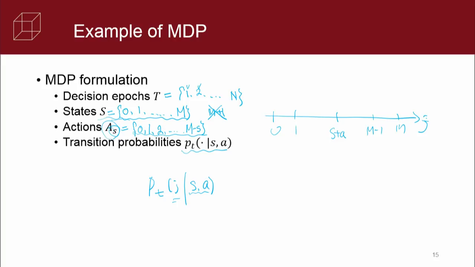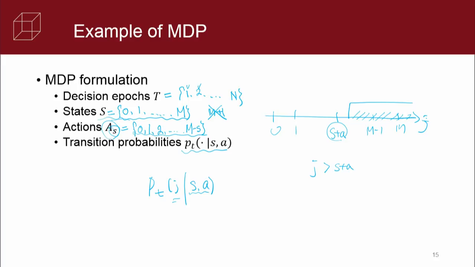All right. So let's think about the case that j is greater than s plus a. Suppose that j is greater than s plus a. Well, it is impossible to have such j. Why?